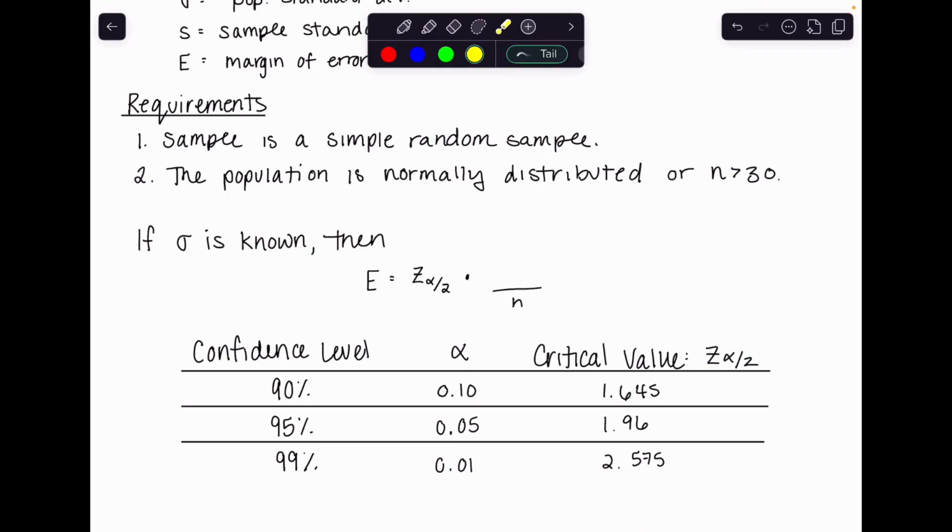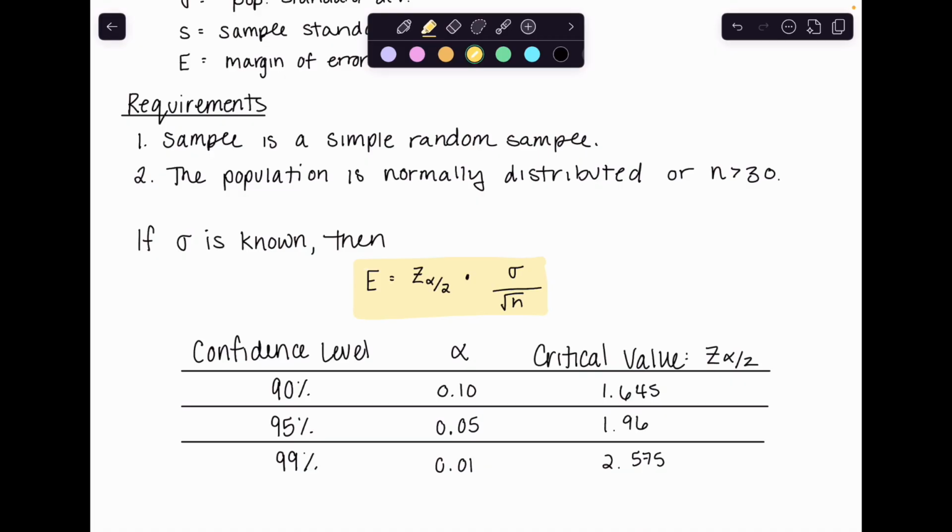So ultimately the formula is really similar. It still deals with the square root of n in the bottom, but in this case you actually know the standard deviation. Okay? So this gives you that margin of error that you want. So those critical Z values, you just use that Z table for, but again, you need to know that sigma is known in this case.